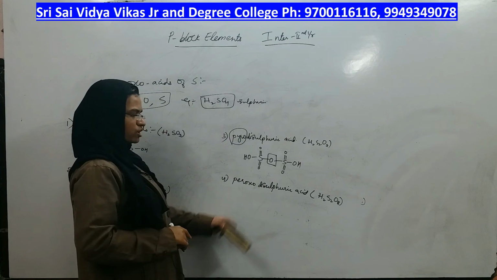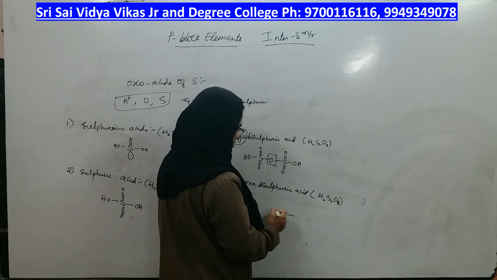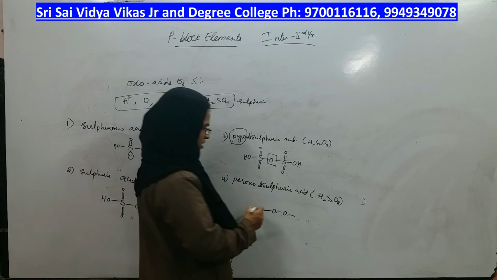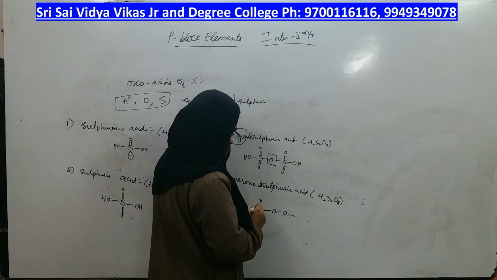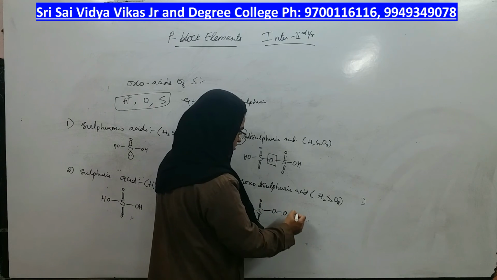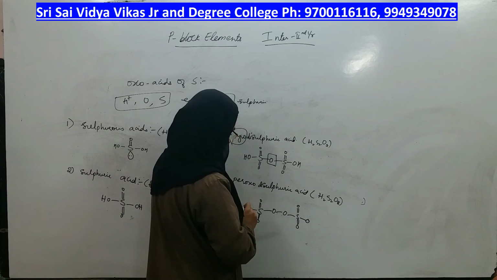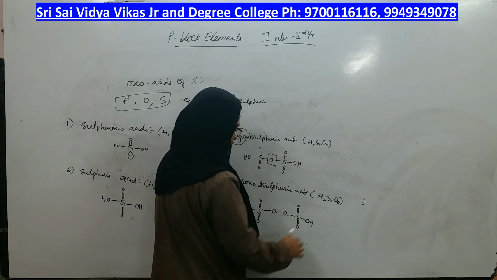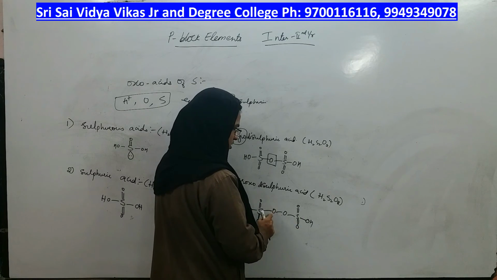Okay. Now peroxo means only difference is peroxo have 2 oxygen in the center. Remaining everything is same. 1, 2, 3. 1, 2, 3. How many hydrogens? 1, 2. So 3 oxygens this side, 3 oxygens this side, 6, 7 and 8.